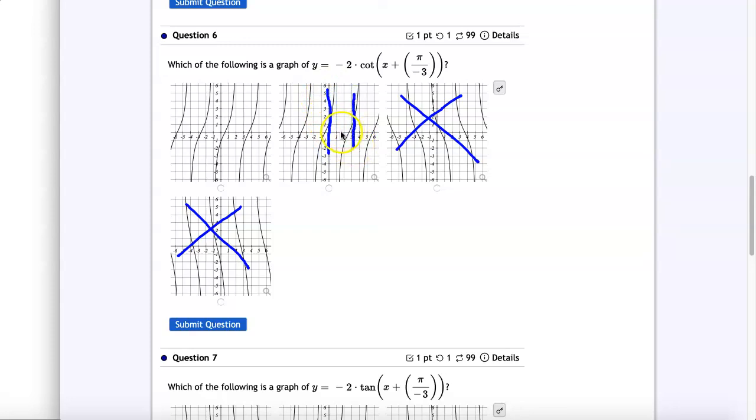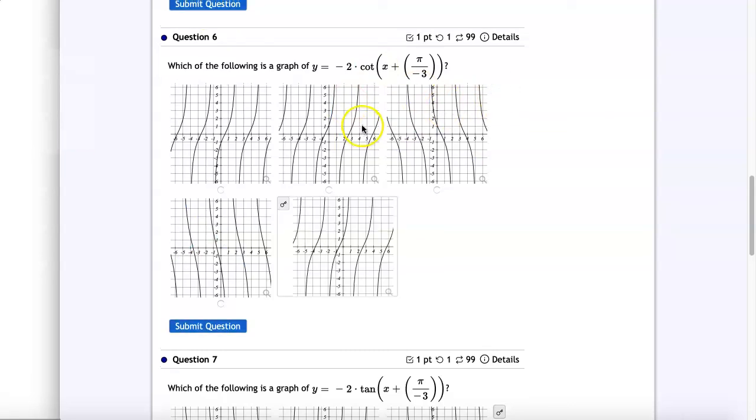And so the graph would have a center point right here. But the graph has been shifted a little bit over here to the right, and that then makes this the correct graph. There you go. That one right there.